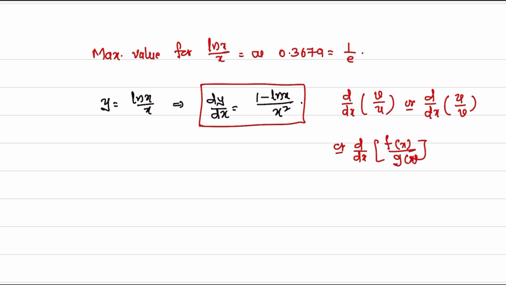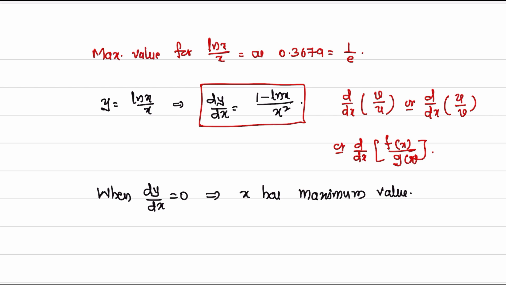Either way, please refer to your standard calculus textbook and do it. Please remember, when dy by dx is equal to 0, it implies y has a maximum value or minimum value, depending upon the d square y by dx square behavior.